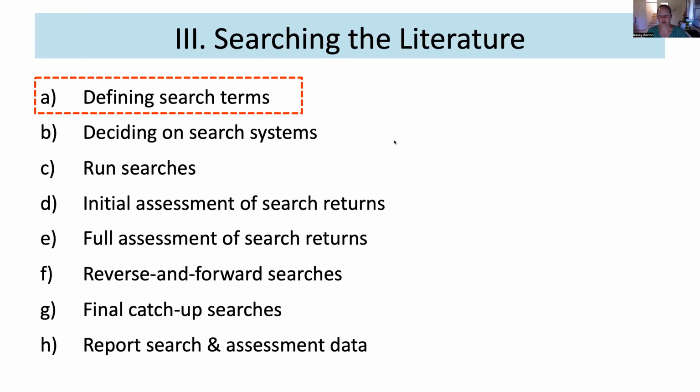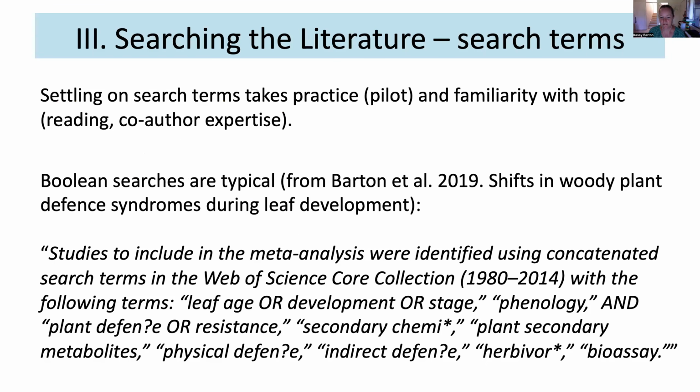Defining your search terms is basically coming up with the string of terms that you're going to enter into Web of Science. Boolean search terms are the most common, and I think the most robust, because they can help us do all of the relevant search terms in one string.